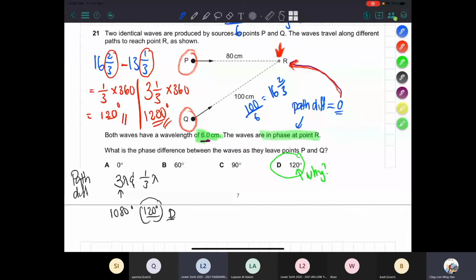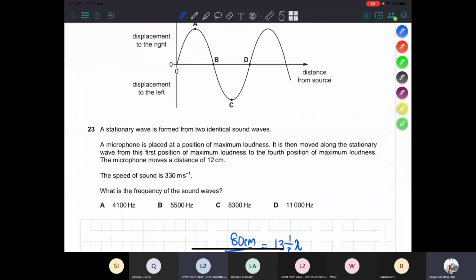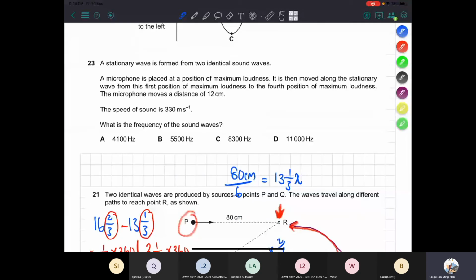This one is 1080, which is 3 times 360. And then the total is 1200, from above. So this one must be 120. Okay. Headache. Okay, sir. Now I check. Tomorrow I check. If there is any, I will remove it.